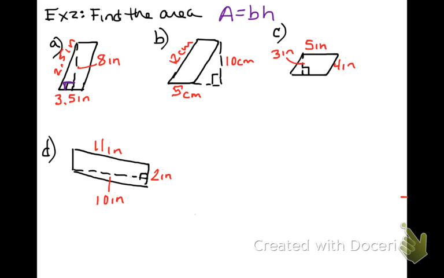And they gave you a right angle, so this line and this line are right angles to each other. So they gave you an extra one just to throw you off. So I have 3.5, that's your base, that's the bottom, and then 8 inches is your height.